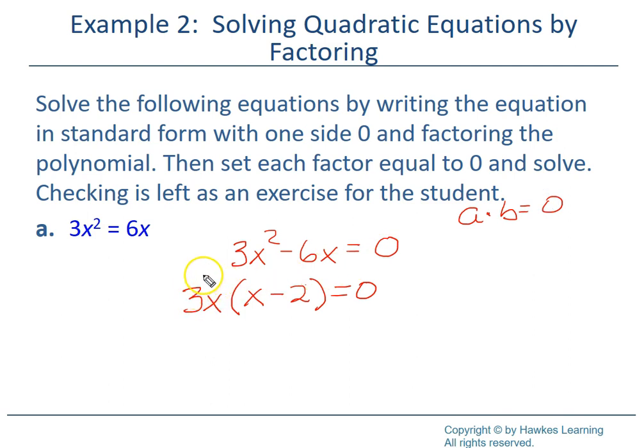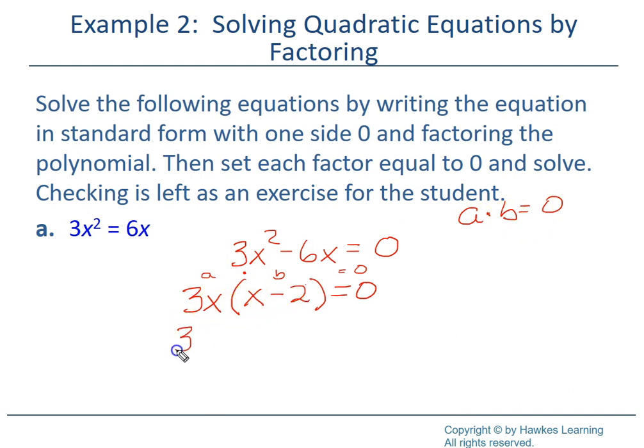This is our a term here, and in parentheses, this is our b term, that equals 0. So the rule, and this is what we want you to write in your notes and later on your blue sheet, is that we're going to equate each of these values, the a and the b, to 0.